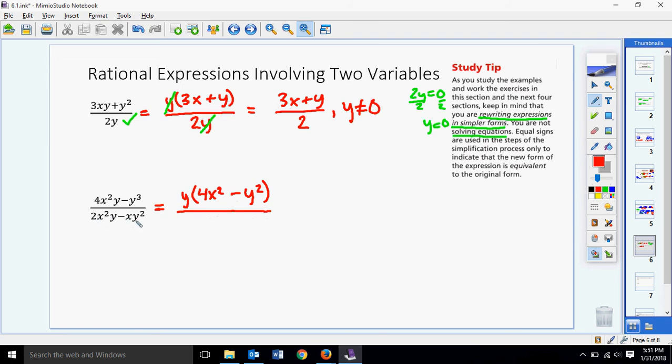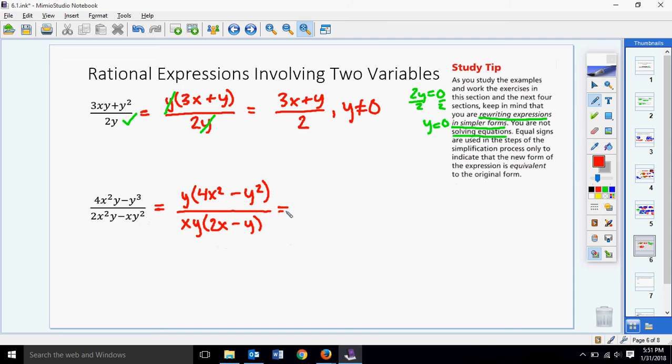In the denominator, I notice that they have at least one x and one y in common. So I'm going to factor out an xy. When I do that, I'm left with 2x minus y. Notice I'm left with one y because it was y squared, and I'm only taking away one of them.